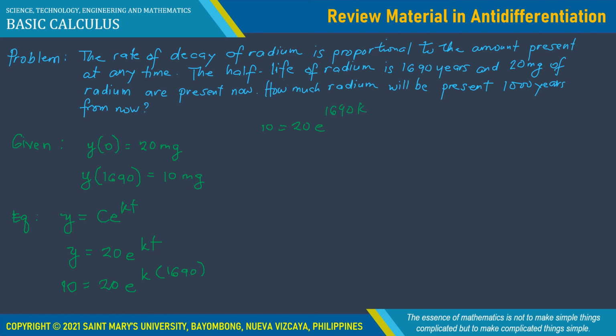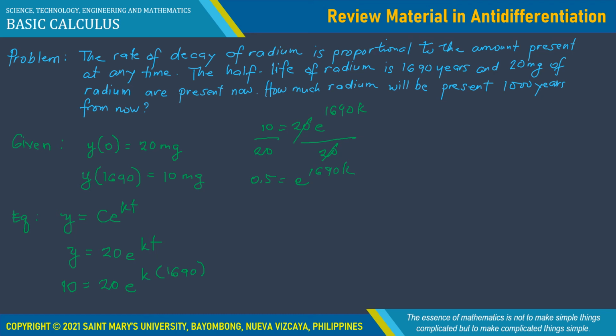Okay, then solve natin yung value ng e raised to 1,690k. So divide both sides by 20. Okay, so cancel. Therefore, 10 over 20 is 0.5 is equal to e raised to 1,690k.